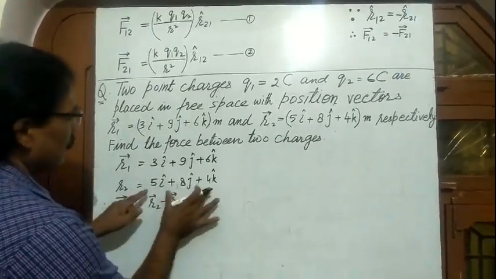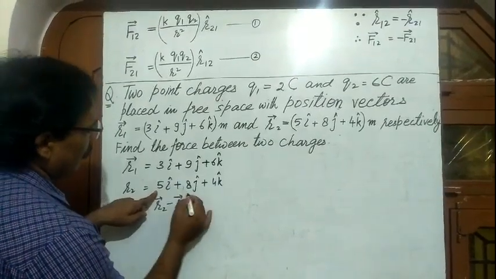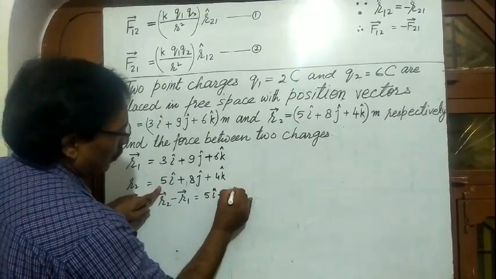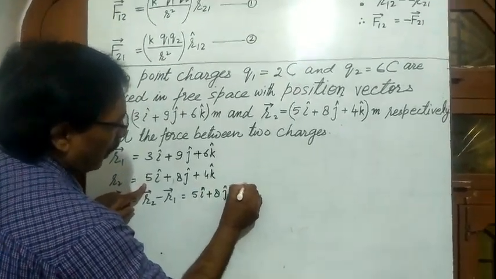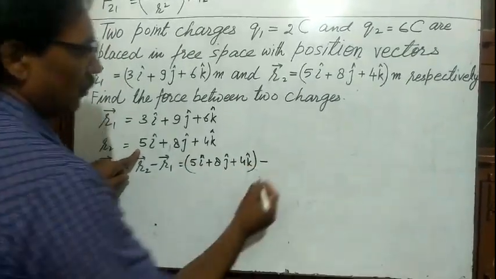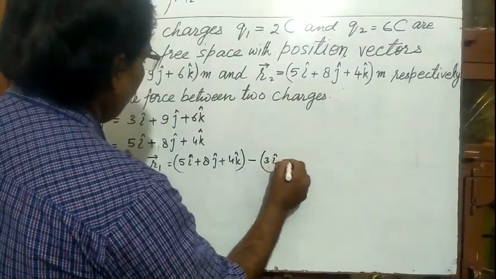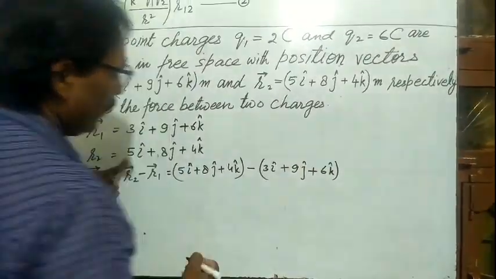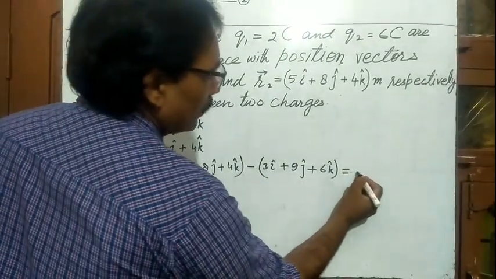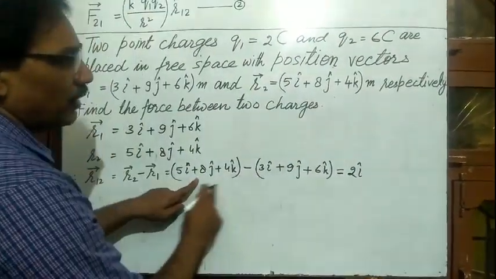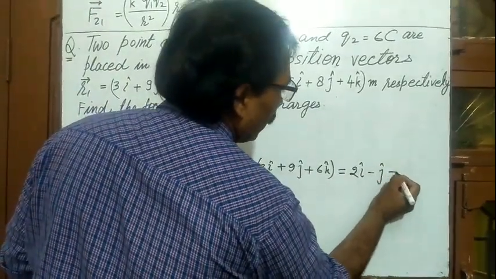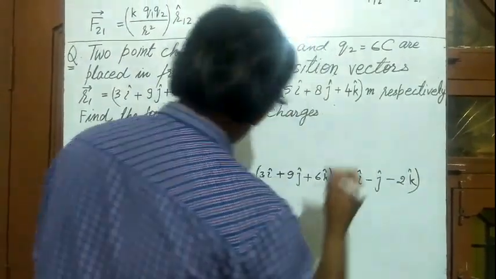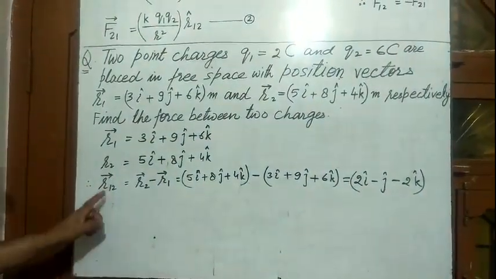That is 5 i cap plus 8 j cap plus 4 k cap minus 3 i cap plus 9 j cap plus 6 k cap. 5 minus 3 we will get 2 i cap, 8 minus 9 will be minus j cap, and 4 minus 6 will be minus 2 k cap. This is the displacement vector R12.